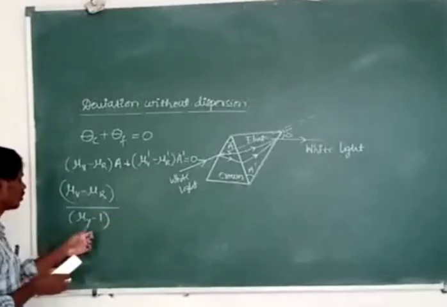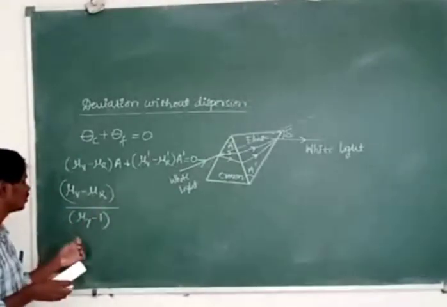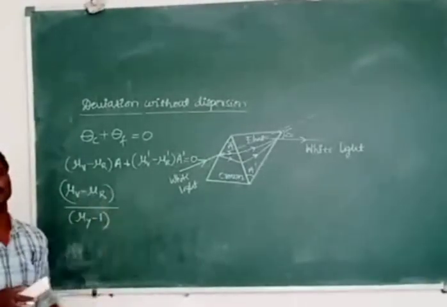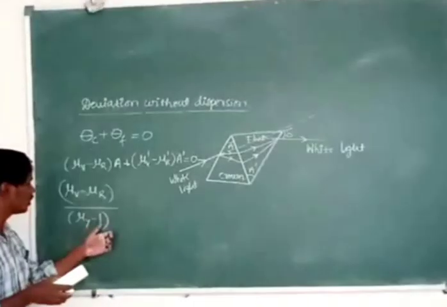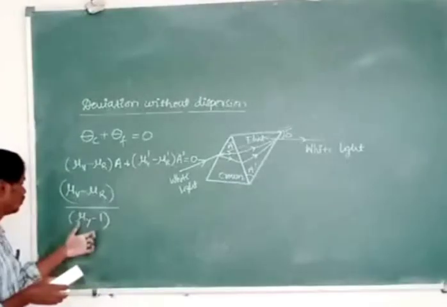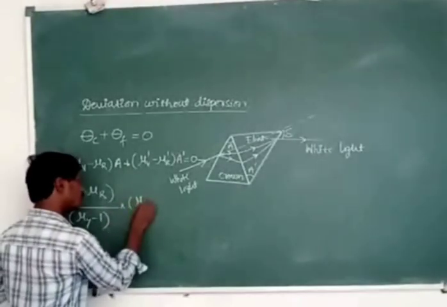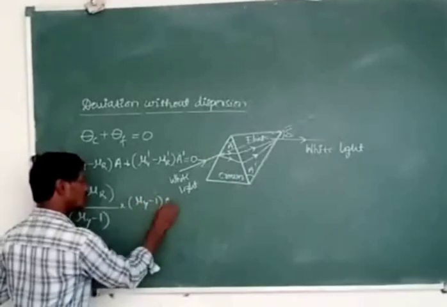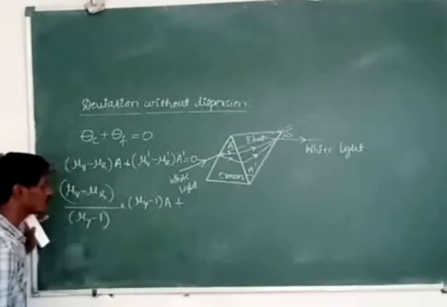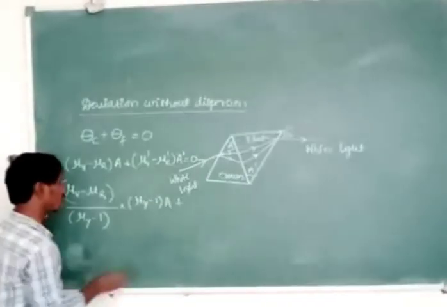Mu y minus 1 is the mean deviation of the red color and violet color, that is, the deviation of the yellow color. So (mu y minus 1) into (mu y minus 1) into A. So what we did here is multiply by (mu y minus 1) and divide by (mu y minus 1). Same here.